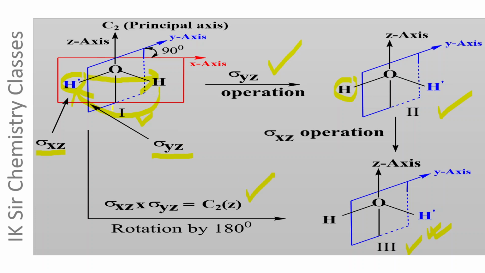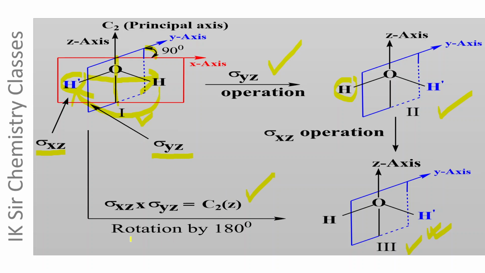This operation is carried out about this axis, which is formed by the intersection of these two planes. The product of reflections of a molecule through planes meeting at an angle theta is equal to the rotation of the molecule about an axis formed by the intersection of these two planes by 2 theta.